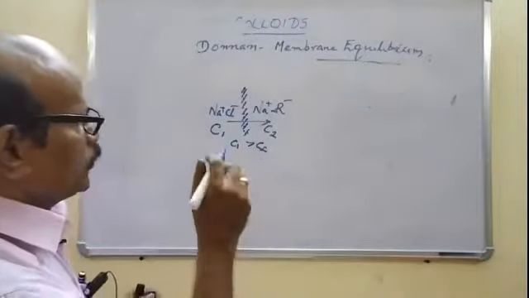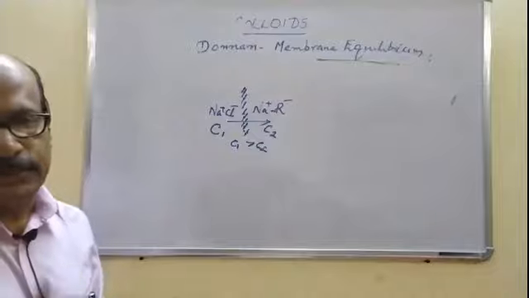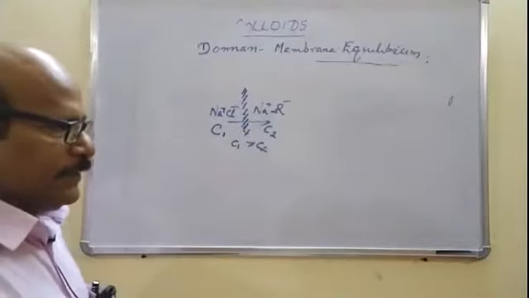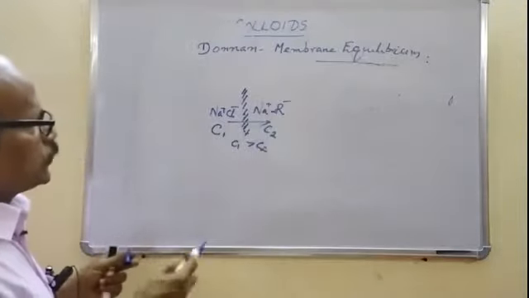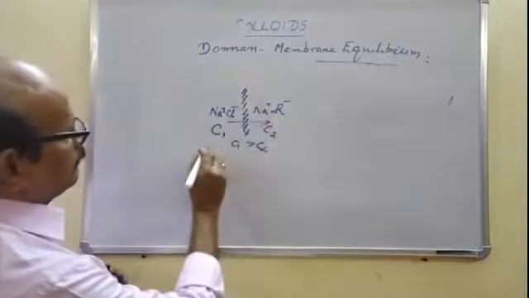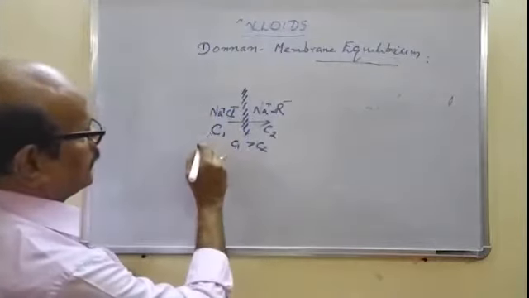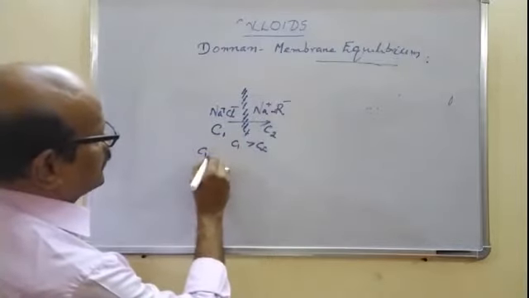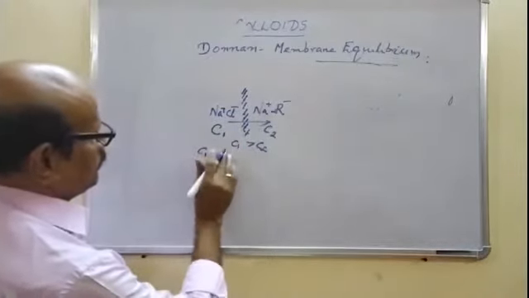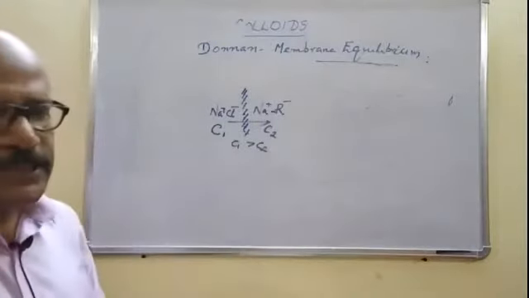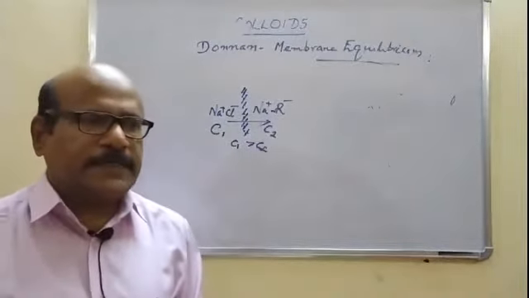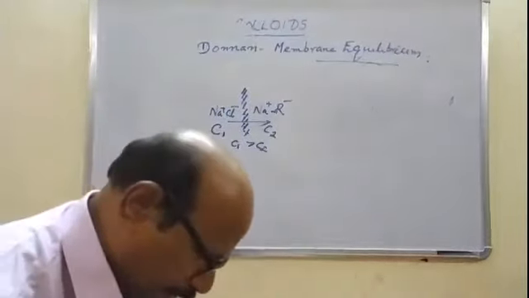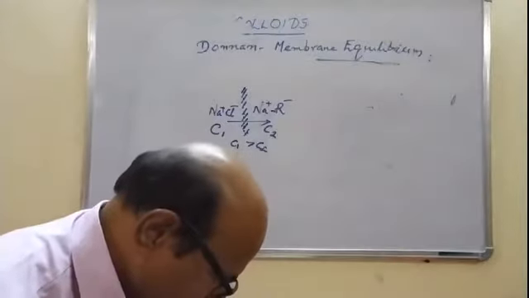So, to maintain the electrical neutrality on both sides of the membrane, okay, we have an equilibrium, so that at the equilibrium we have the concentration. You look here, the concentration of Na plus is C1 minus X. Okay, the condition of the equilibrium is that the concentration of sodium and chloride ion should be the same on both sides of the membrane.